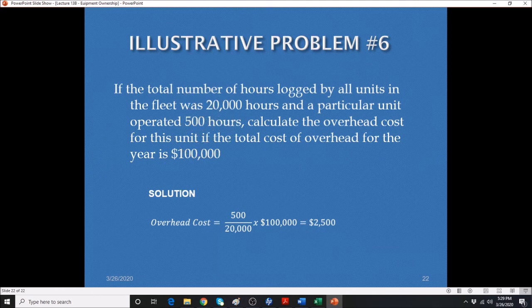And if back in your office they have summed up all the overhead costs, and that is 100,000, what you do is just calculate the prorated value for that particular equipment. 500, that is the logged operations of that particular equipment, divided by the overall operations within your fleet in your company, multiplied by the overhead cost a year. And this is the overhead cost that will be associated with that particular equipment.